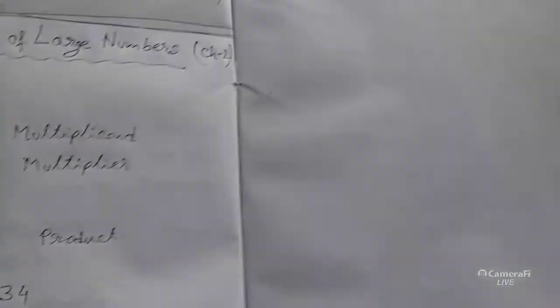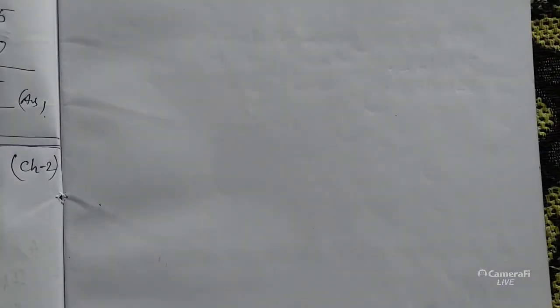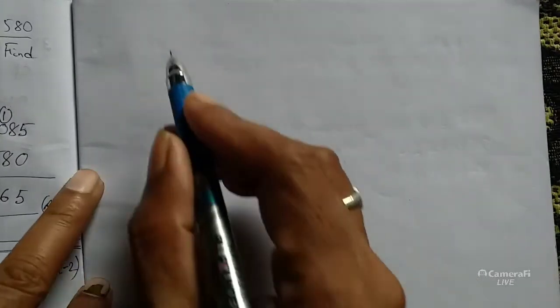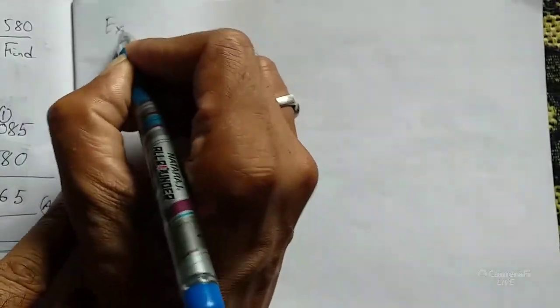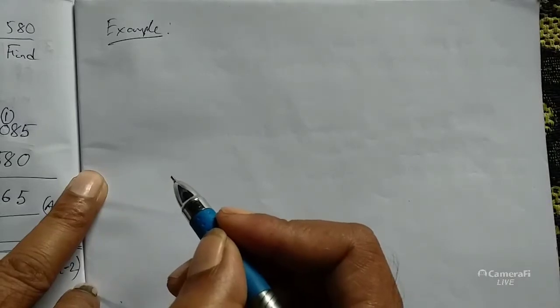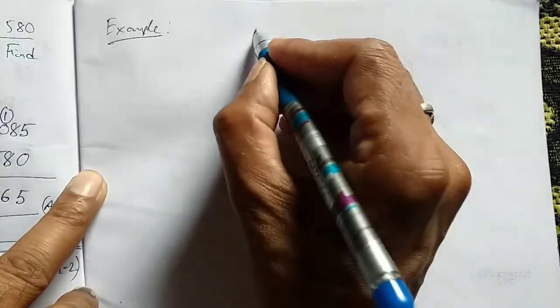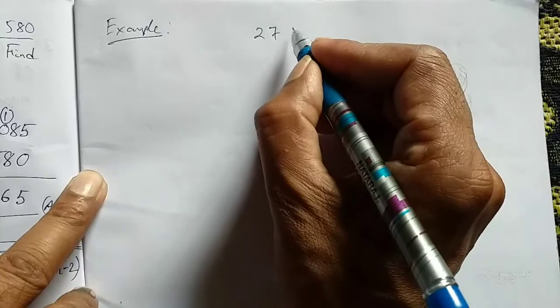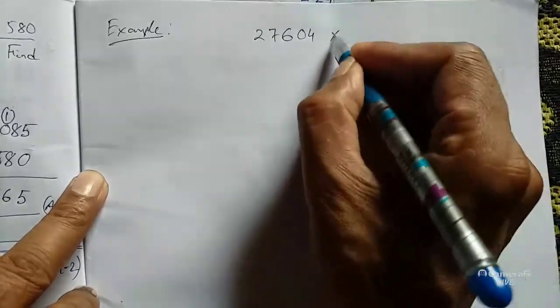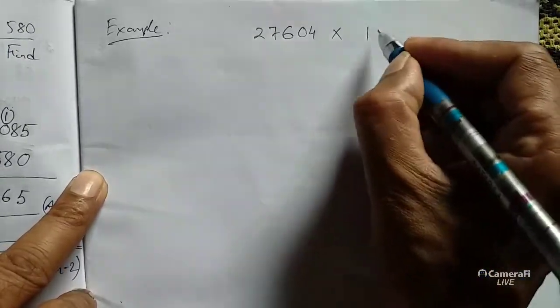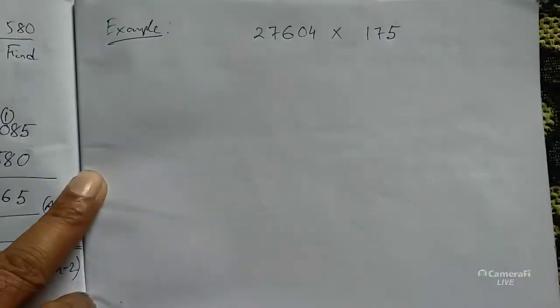Let us take another example. Suppose we have to multiply 27604 with 175.